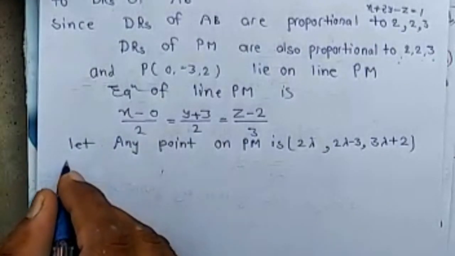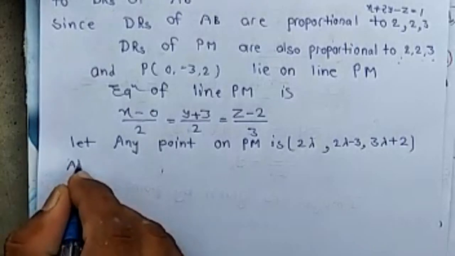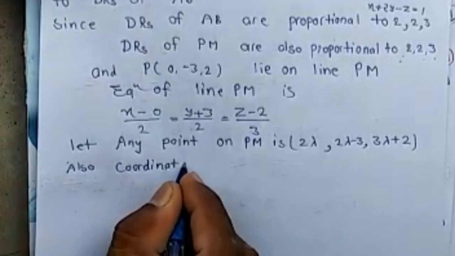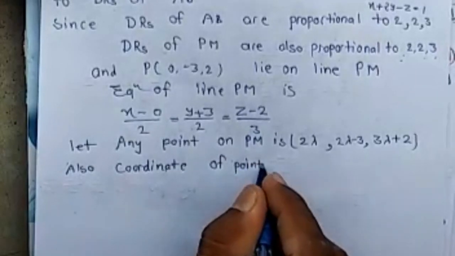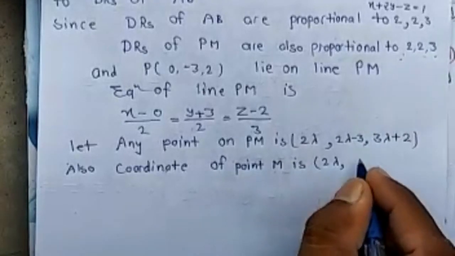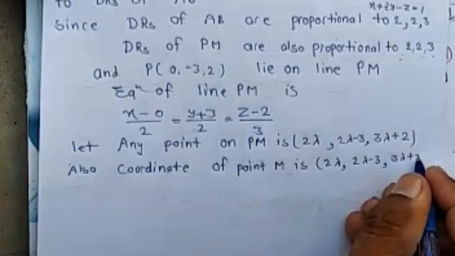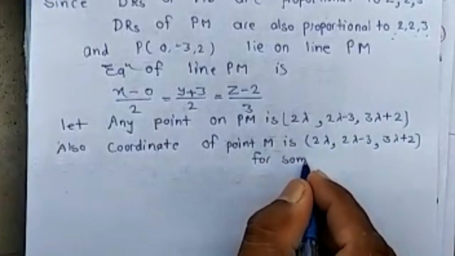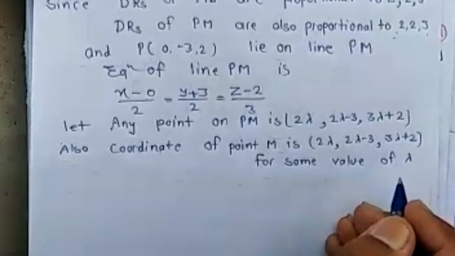Then also coordinate of point M is (2 lambda, 2 lambda - 3, 3 lambda + 2) for some values of lambda.